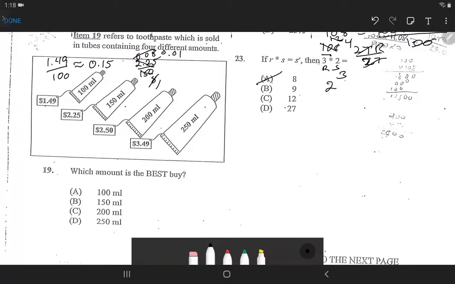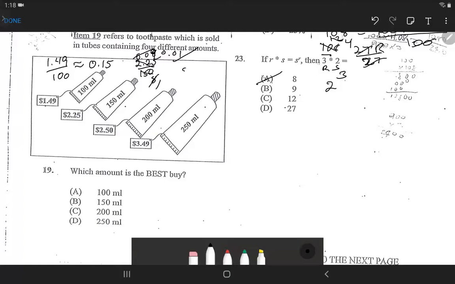Sorry, it is supposed to be 9 up here. That's my bad. And 9 over 8 is 1, 1. So that is still about 0.1-ish. Right? This is cents. So far, this is the better buy, less money you're spending.